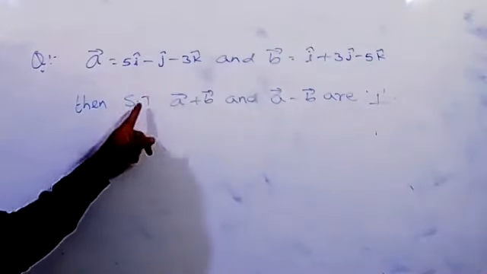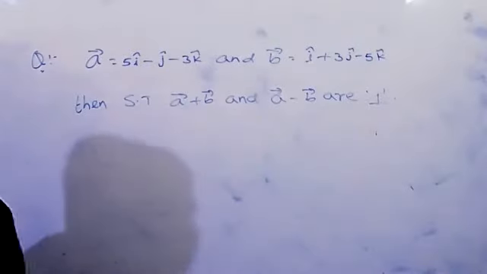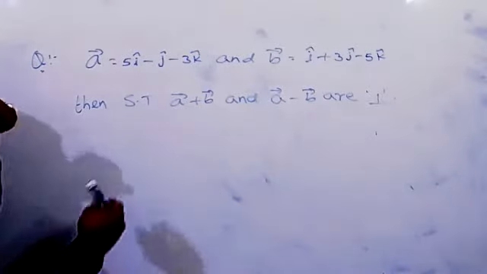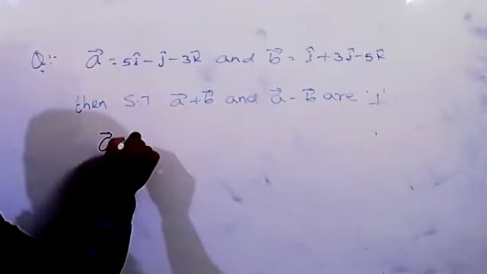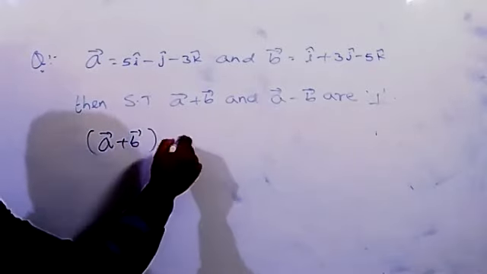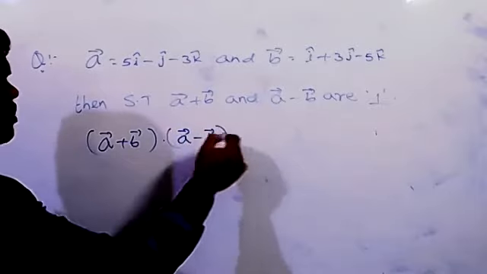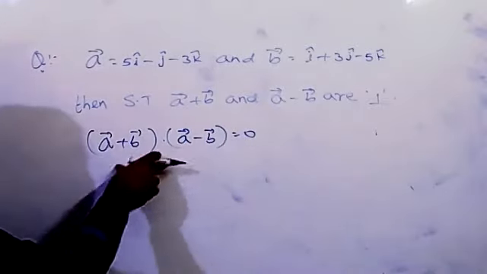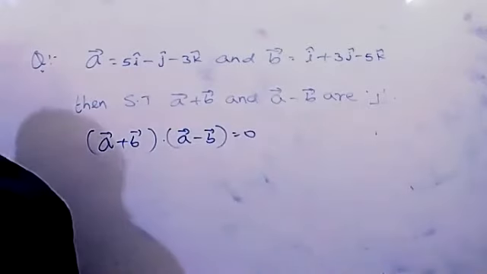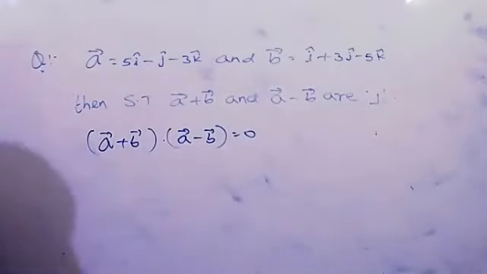Then we need to show that a plus b and a minus b are perpendicular. We know the condition for perpendicular: we should prove that a plus b dot a minus b equal to 0. Then clearly we can say they are perpendicular to each other. Already you know how to add, how to subtract, and how to multiply very well.